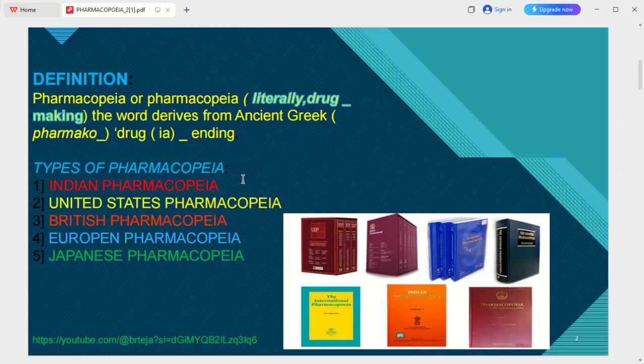Which year was the Indian Pharmacopoeia followed? 1868. It covered both the drugs of the British Pharmacopoeia and the indigenous drugs used in India. All this was used before independence.